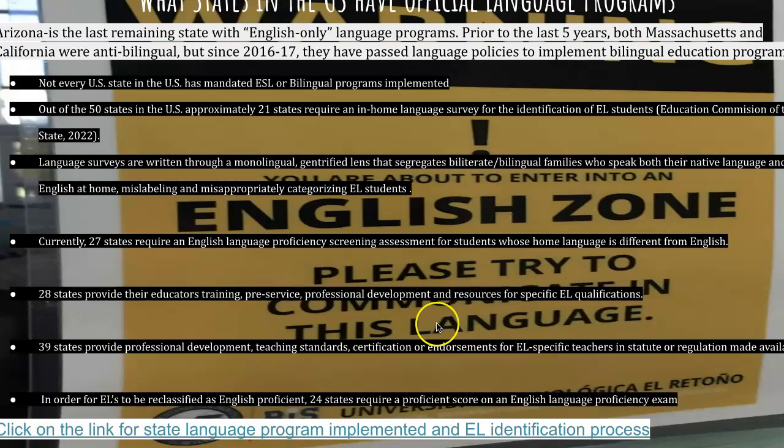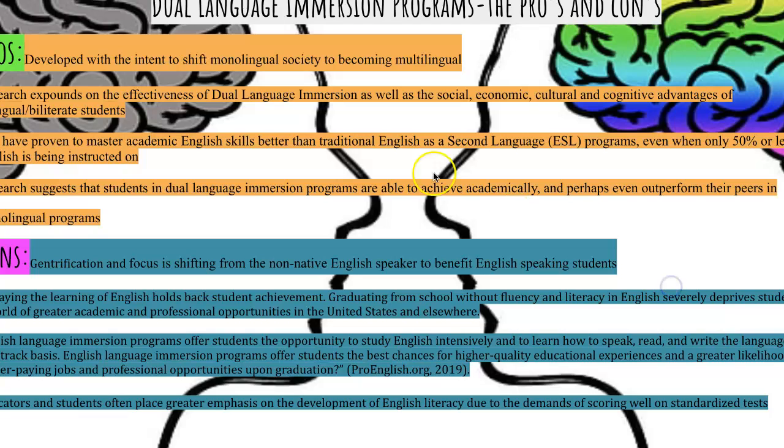Currently, 39 states require an English language proficiency screening assessment. Out of the 50 states in the US, approximately 21 states require in-home language surveys. 39 states provide professional development, teaching standards, certification, or endorsements for EL-specific teachers.